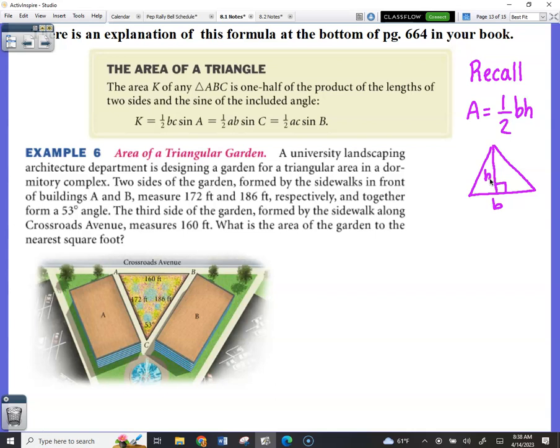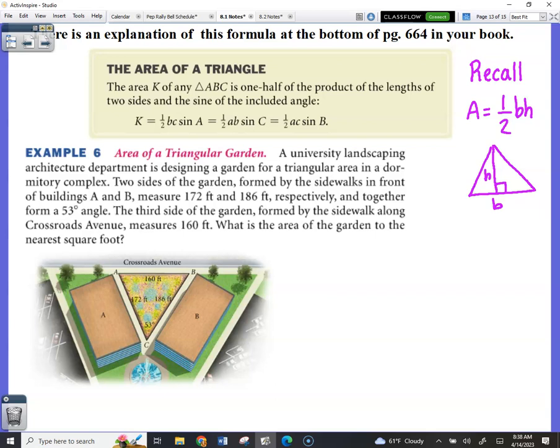So if you look at the formula up here, it's a little overwhelming at first. First of all, capital K is what they use for the area of a triangle. I don't know why. You don't have to use that if you don't want to, but look at it.